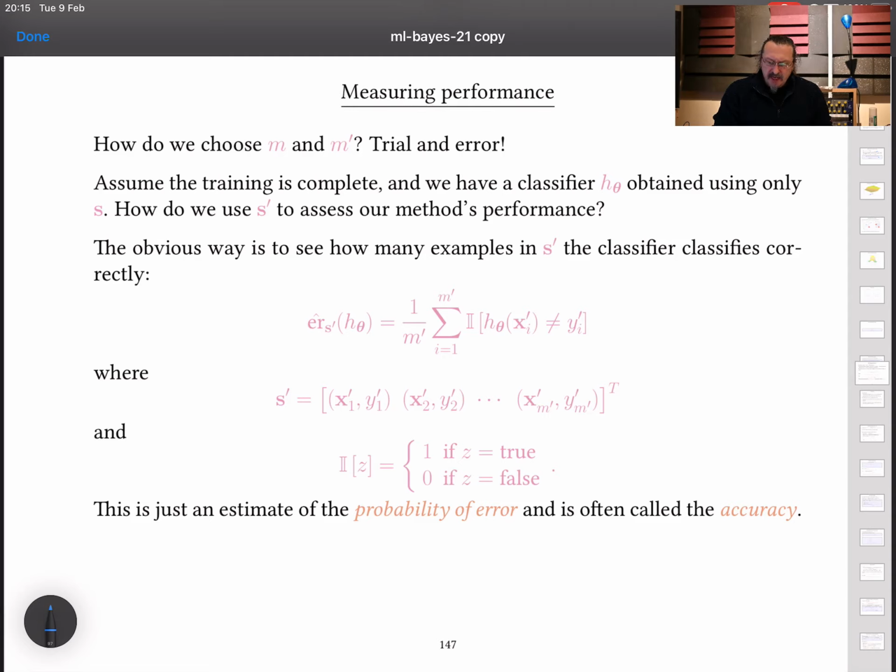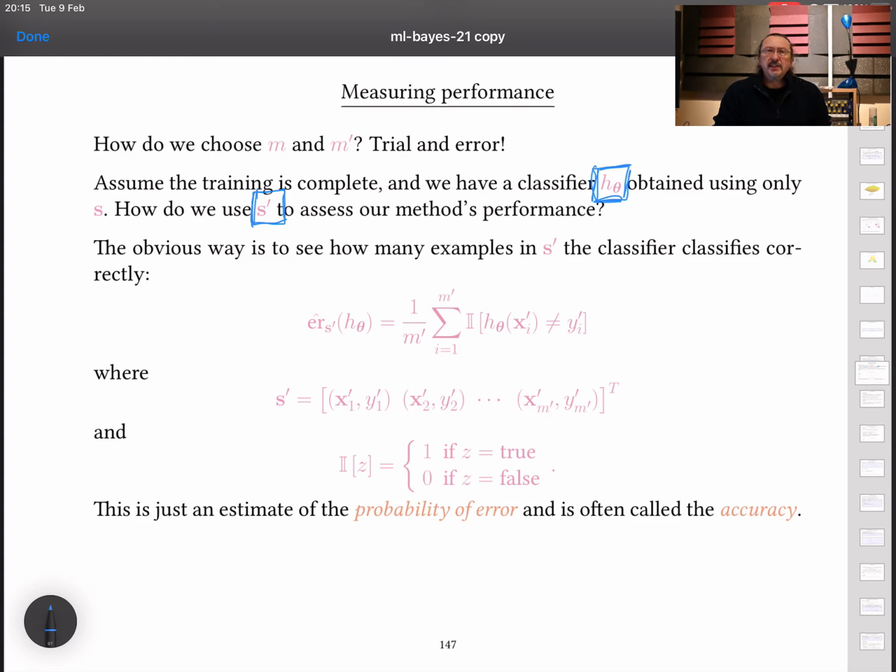The question then is, how do you use that held out data to assess the performance of your trained classifier? If you have the classifier and it's already been trained, how do you then use S prime, your held out set, to assess its performance? Well, so far I've been talking simply in terms of using the probability of error as your measure of performance.